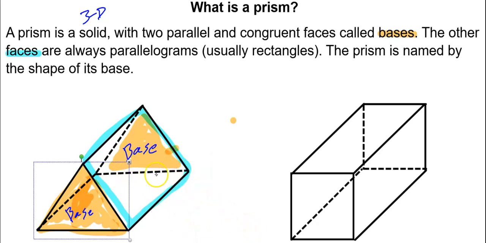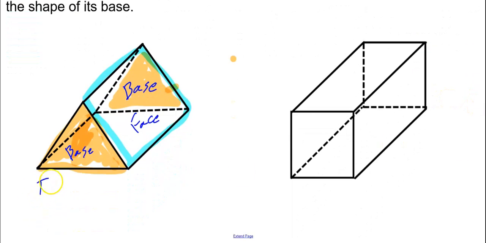But these rectangles are the faces, and there are 3 faces. Okay? As I said earlier, this is a triangular prism.